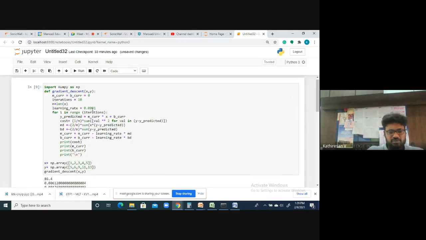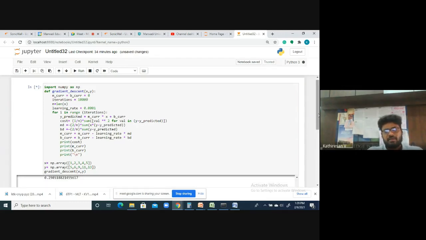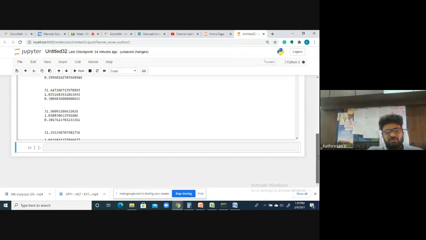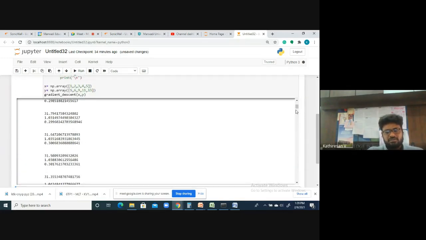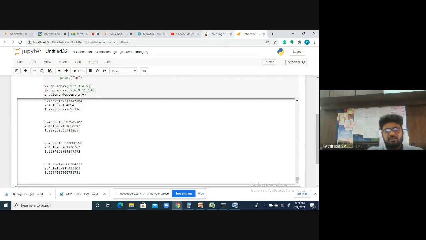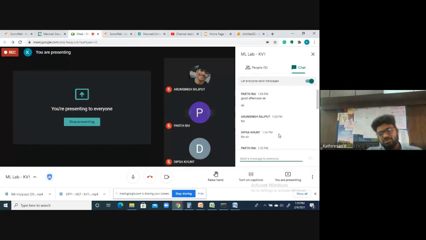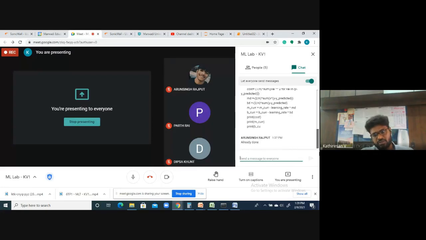If you want more precise results, you can go up to 10,000 iterations. That is up to you. This way you have to implement and find. Got my point? Any doubts, students?